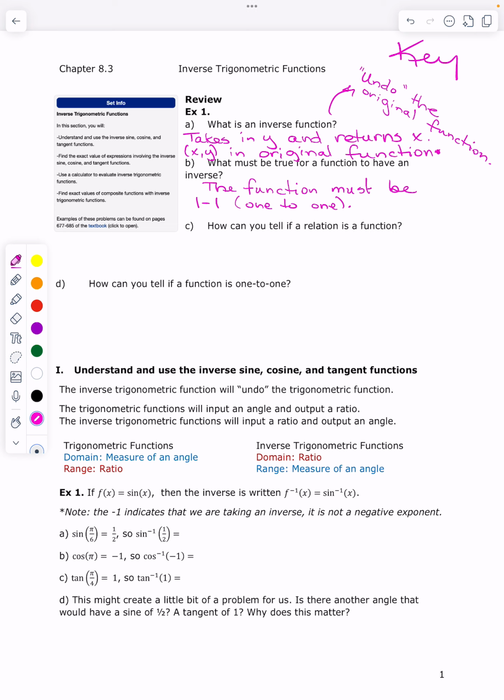How can we tell if a relation is a function? Every x gives us only one y.